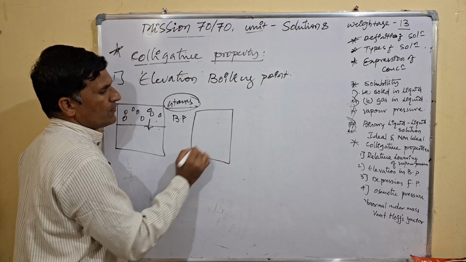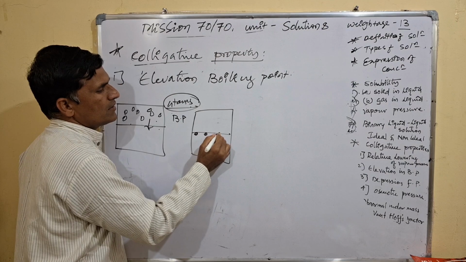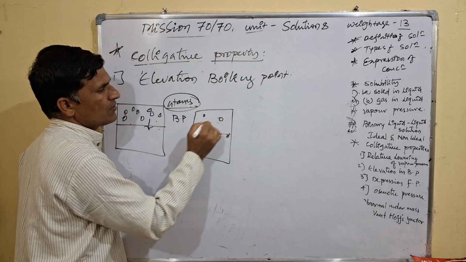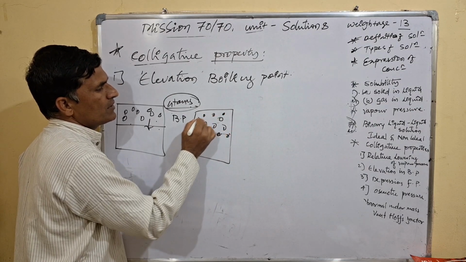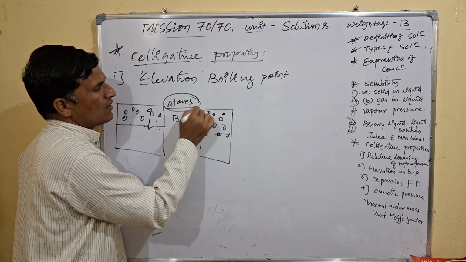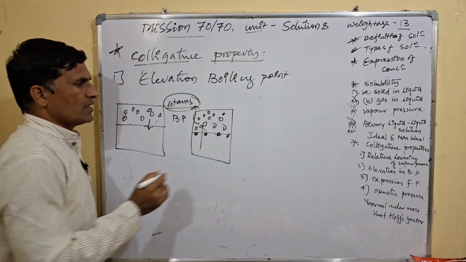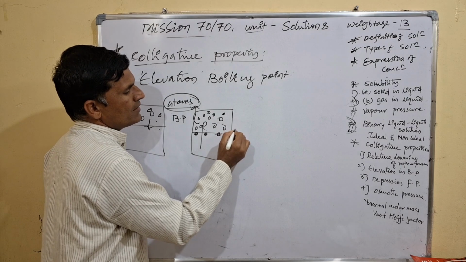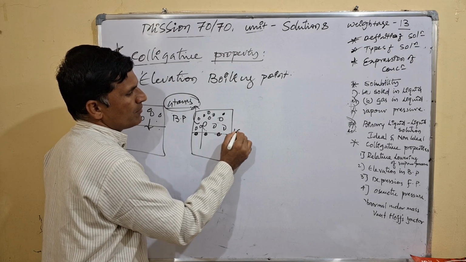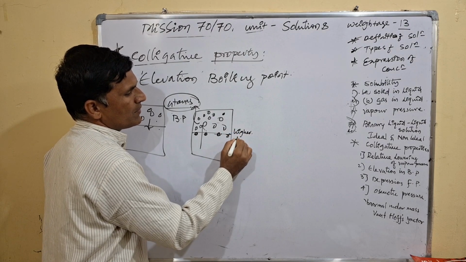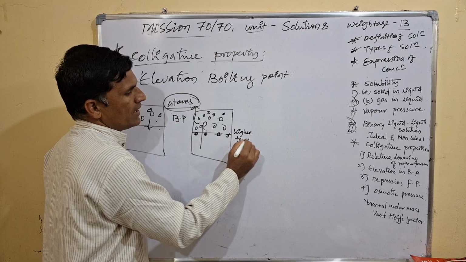Now, upon addition of a non-volatile solute, its vapor pressure at a given temperature is already low. So what happens? To make its vapor pressure equal to atmospheric pressure, we have to raise its temperature a little higher because its vapor pressure is already low.